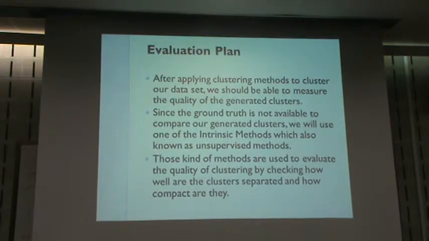Actually, this method includes 4 steps. One of them is to compute the average distance between any object in a specific cluster and the other objects in the same cluster, and this is used to measure how compact the cluster itself is. Another step is to compute the average distance between any object and other clusters, and this is used to measure how separated the clusters are.